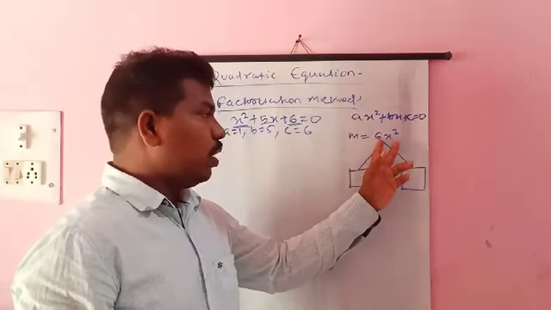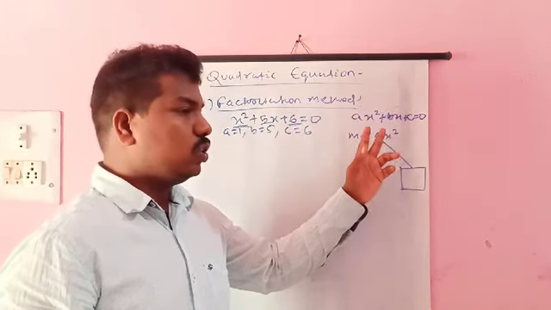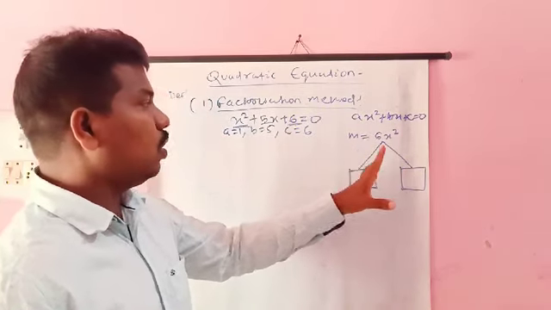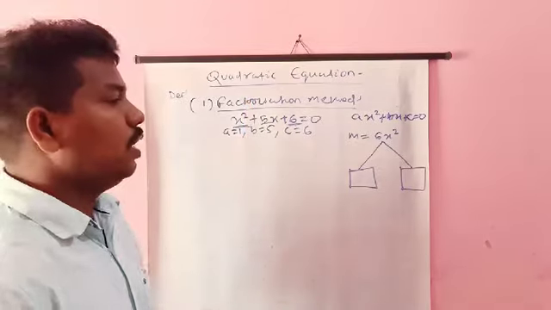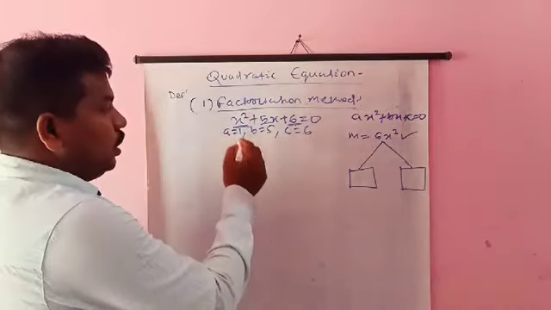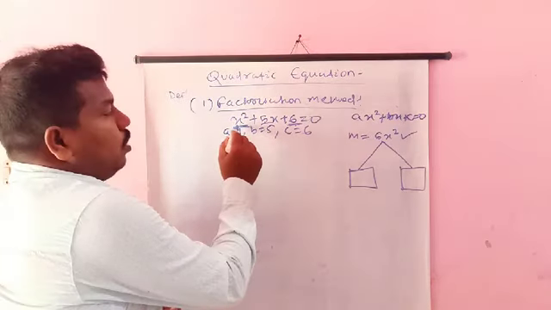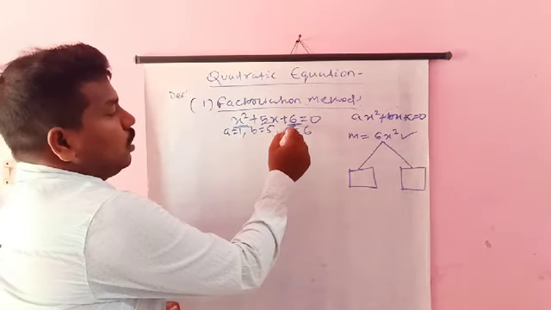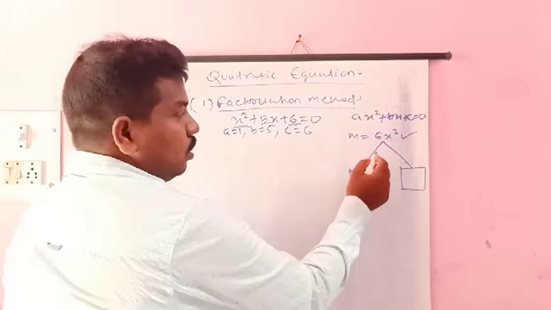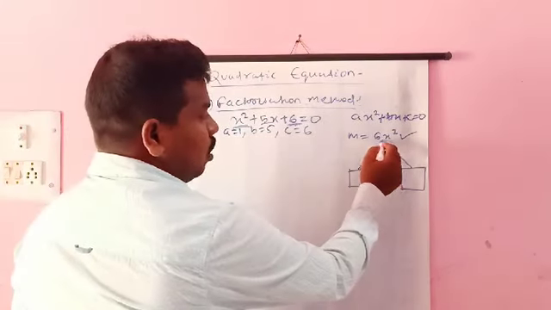So we have to factorize 6x square in such a way that their addition or subtraction becomes 5x and their multiplication becomes 6x square. Once again, multiply the first term and the last term to get 6x square, and find its factorization.